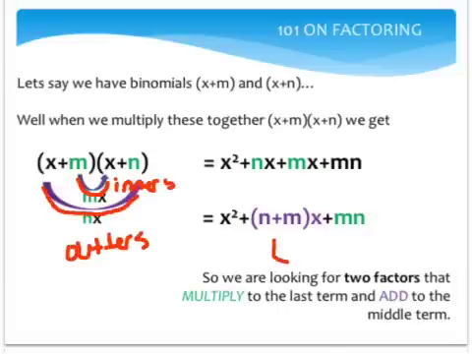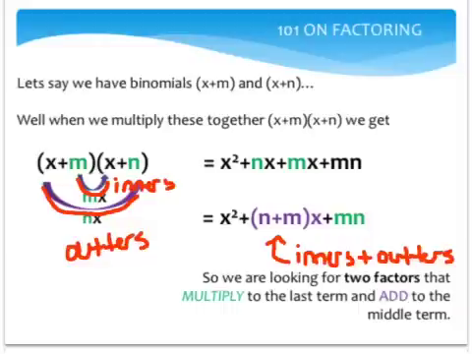This is going to be super important, so we really need to understand that. This middle term is created by the product of the inners and the product of the outers, and then added, so the sum of those two.